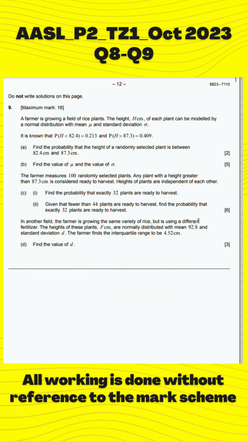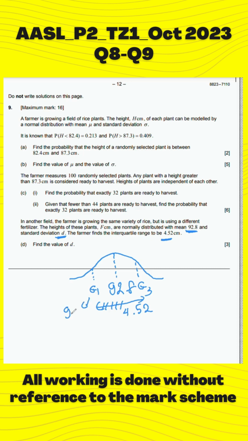D. Given the mean, as for the standard deviation, the IQR is 4.52. Let's draw a bell curve. This will be the mean, 92.8. The IQR is the difference between Q1 and Q3. This value is 4.52. So this will be half of 4.52. So the value of Q1 will be 90.54.